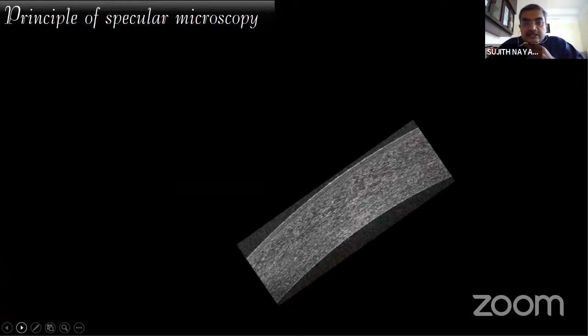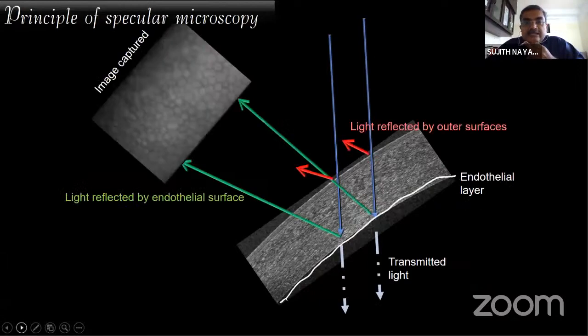So you can run the slides, click the buttons. When light comes onto the cornea from the sides, a few beams get transmitted into the cornea, into the anterior chamber. Some get reflected from the outer surface and some get reflected from the innermost surface, the endothelial layer.